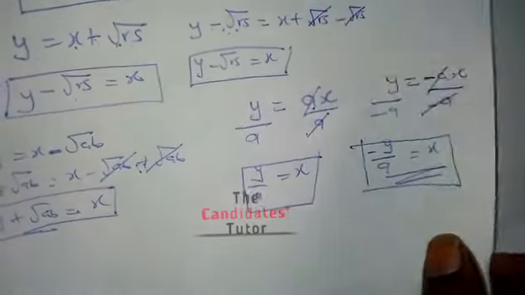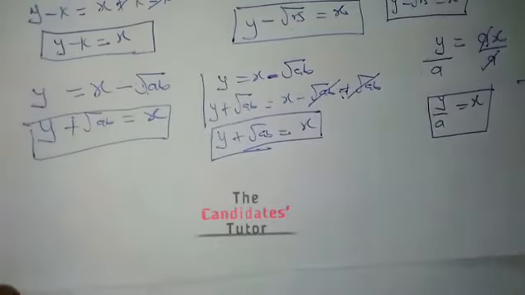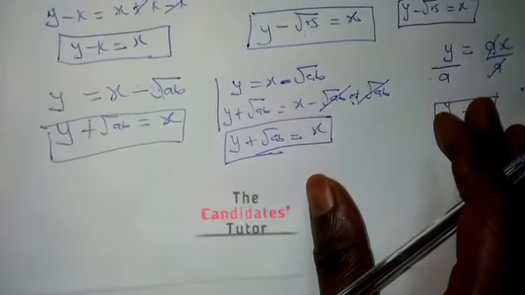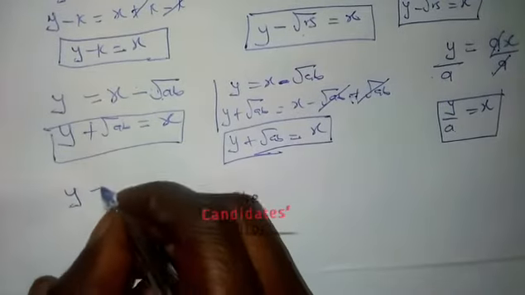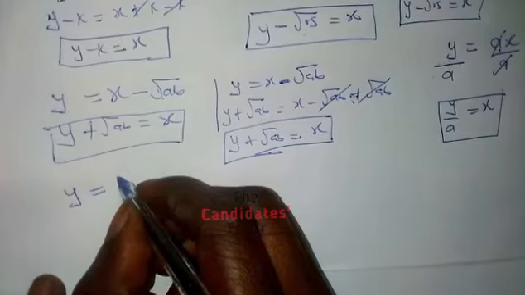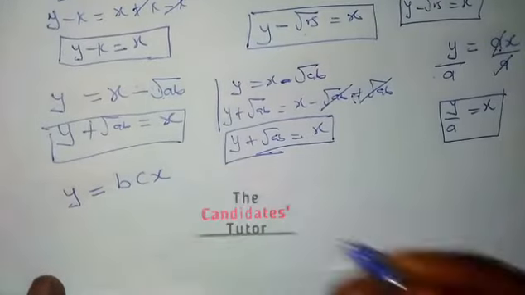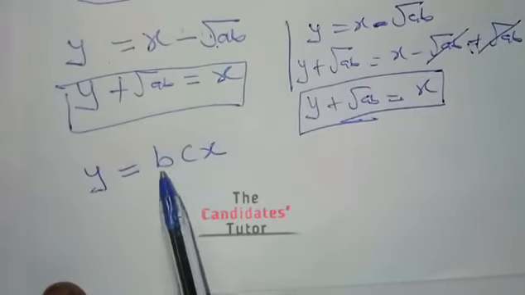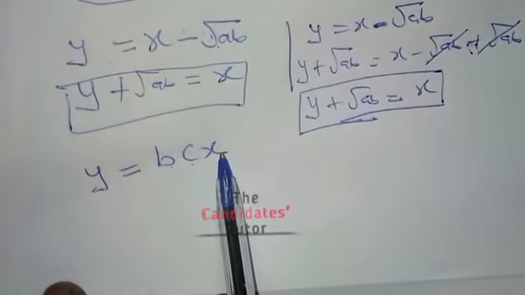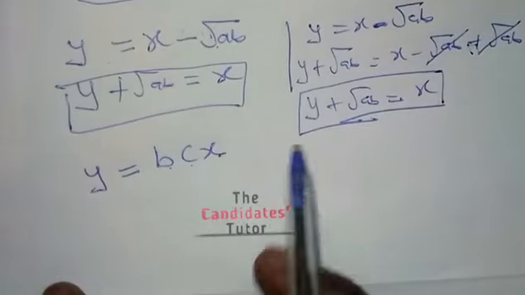All right, now let's solve more questions. So let's say we have y equals bcx. All right, and we want x to stand alone. What do we do? As usual, it is the b and the c that are affecting this x, and the operation sign that's connecting them is multiplication.